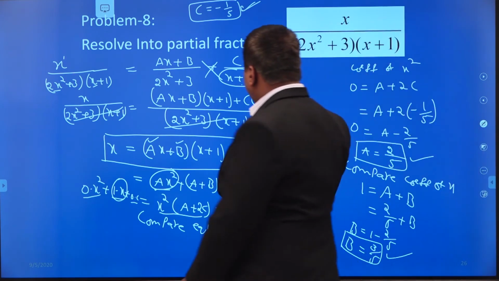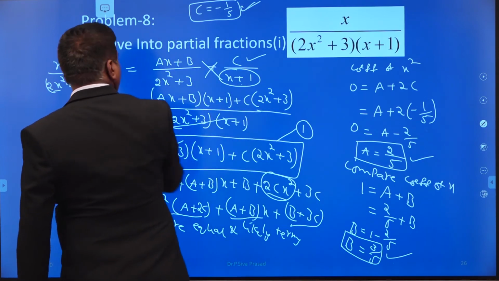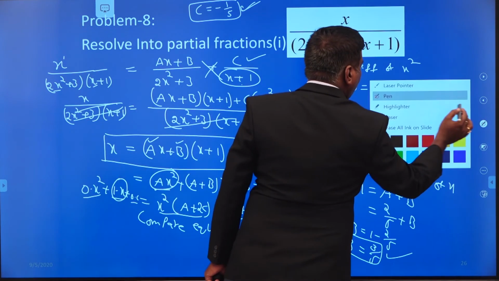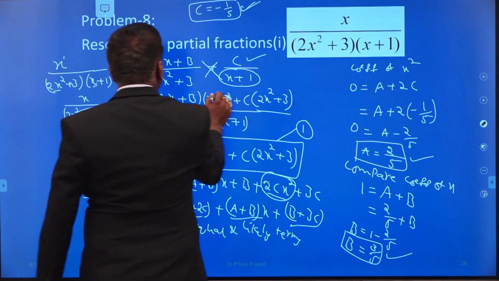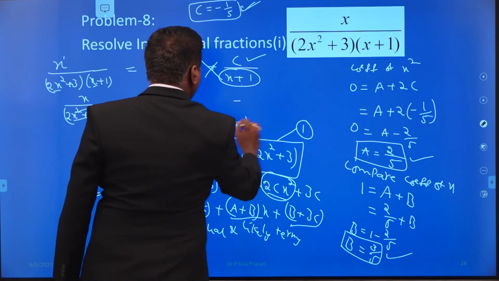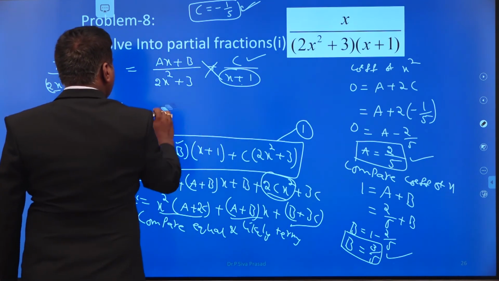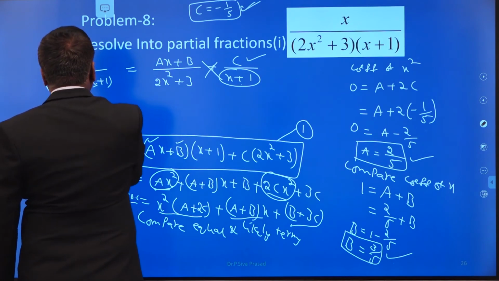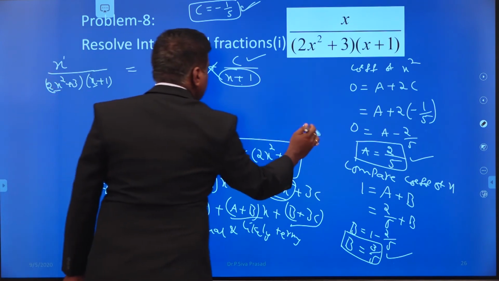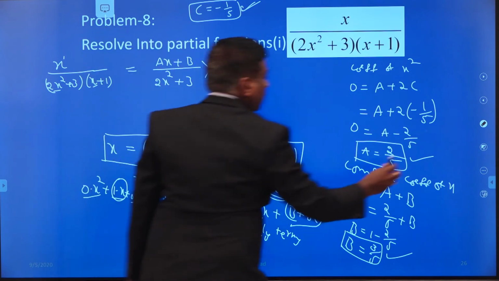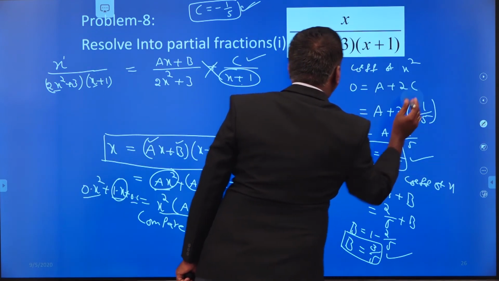So after getting these values, now we have to substitute the values in the above relation. Therefore this is to be x. This is the partial fraction that we will be asking in the question.